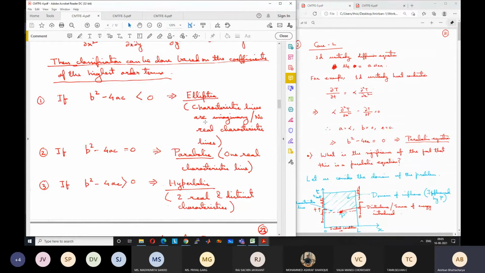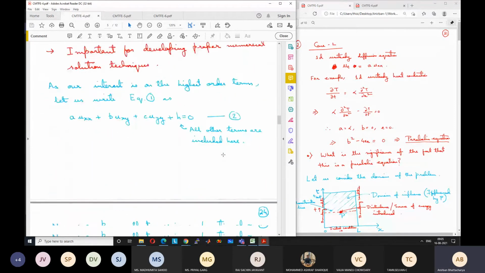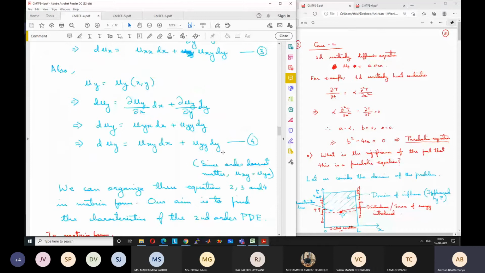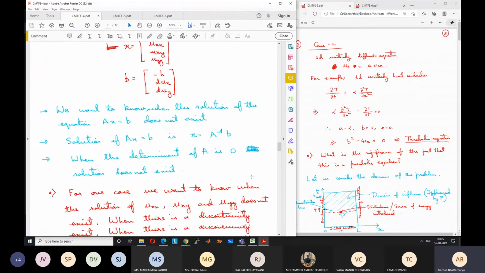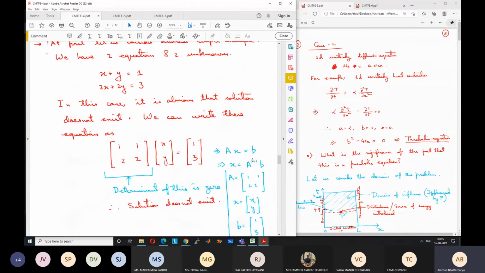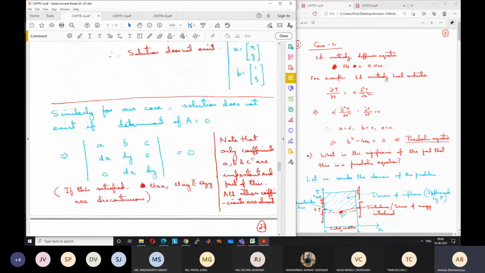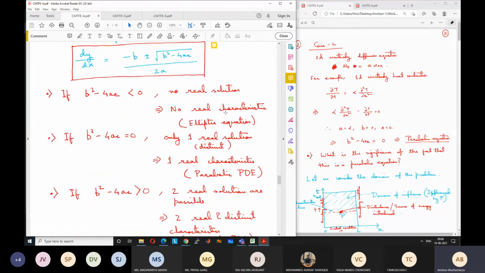We have seen how they govern whether there are any discontinuities in the highest order term or not, and how this is governed by the coefficients a, b, and c. Based on that, we have seen that if there are no real solutions for any discontinuity, then we have what is called an elliptic PDE.